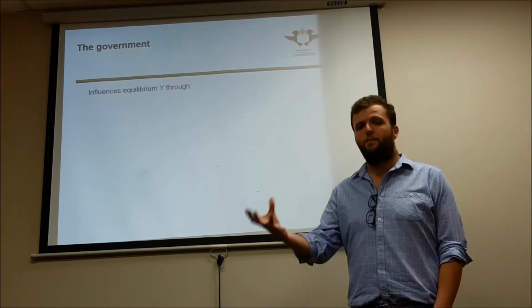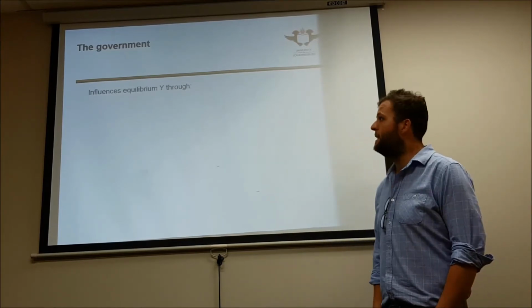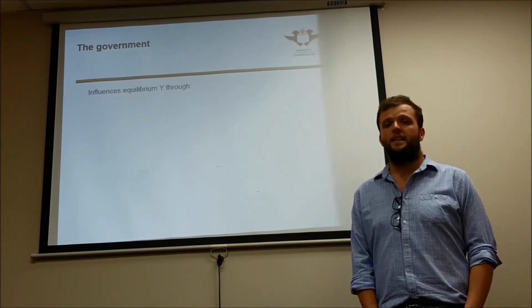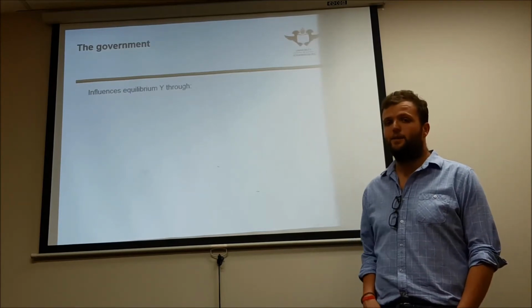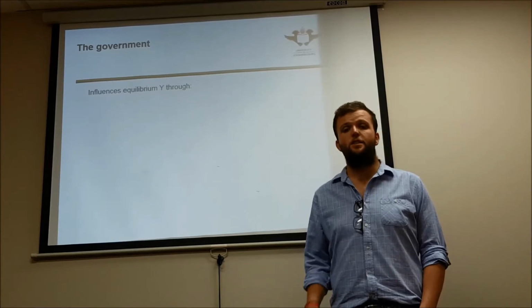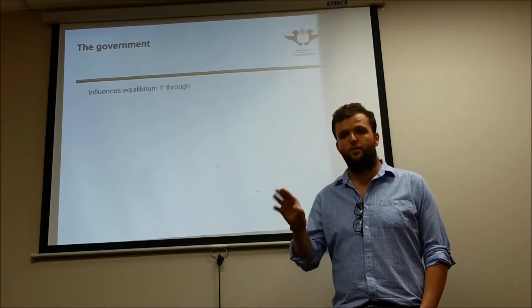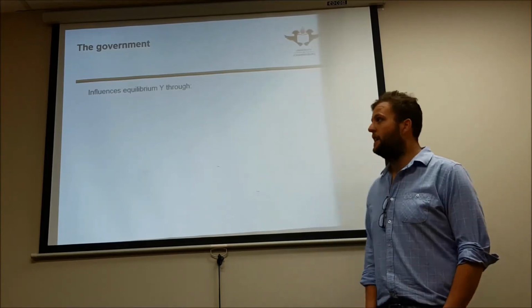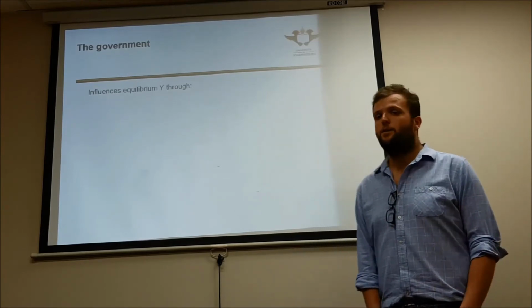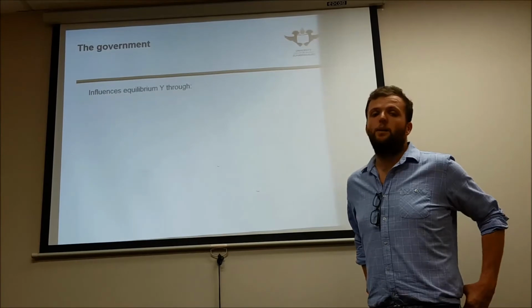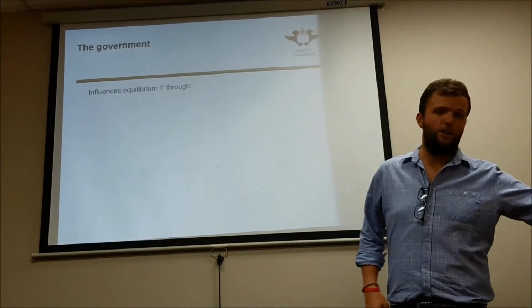Firstly, they will spend money in the economy, which we call government spending, and secondly, they can tax the people in the economy, which is taxation. So they influence the economy in 2 ways, and these 2 will have different effects on your calculations and your expenditure and your income. So let's look at how this changes the way we looked at the question.